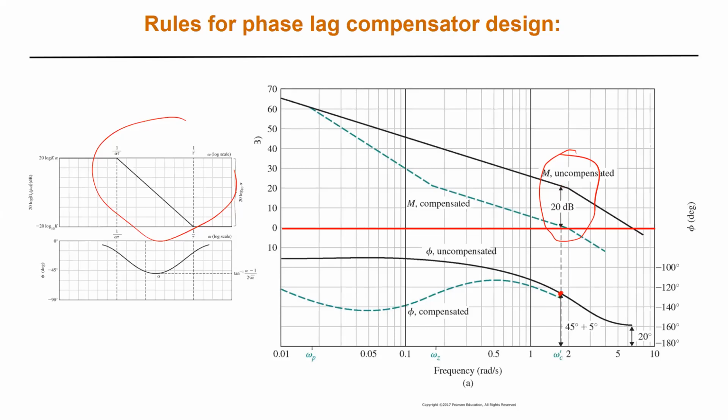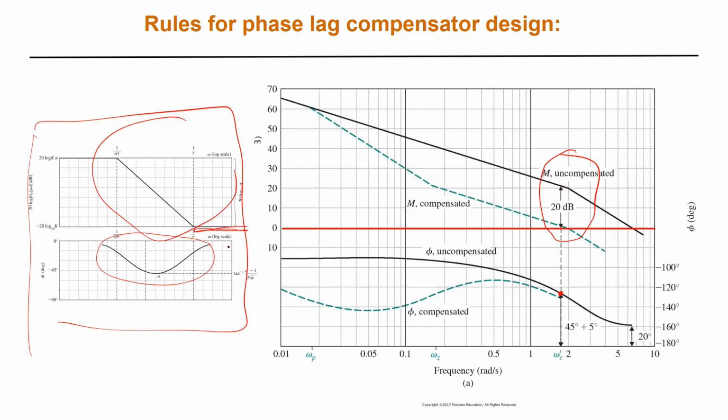What they have done is position the compensator 1 decade before this point. Because look, if you position it 1 decade before, do you affect the gain? The gain is not going to be affected. But what will happen to the phase? The phase after 1 decade will be 0, so it will not affect you anymore.